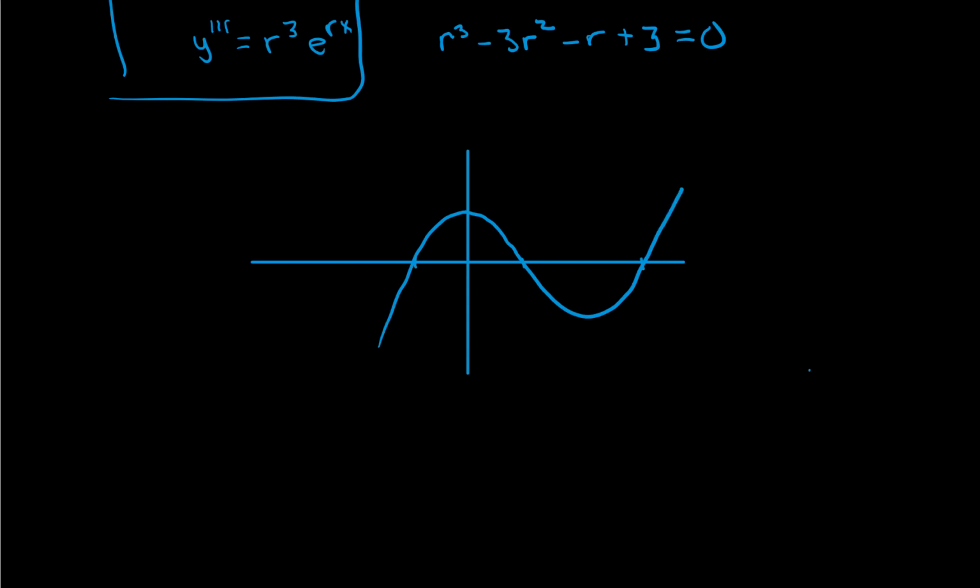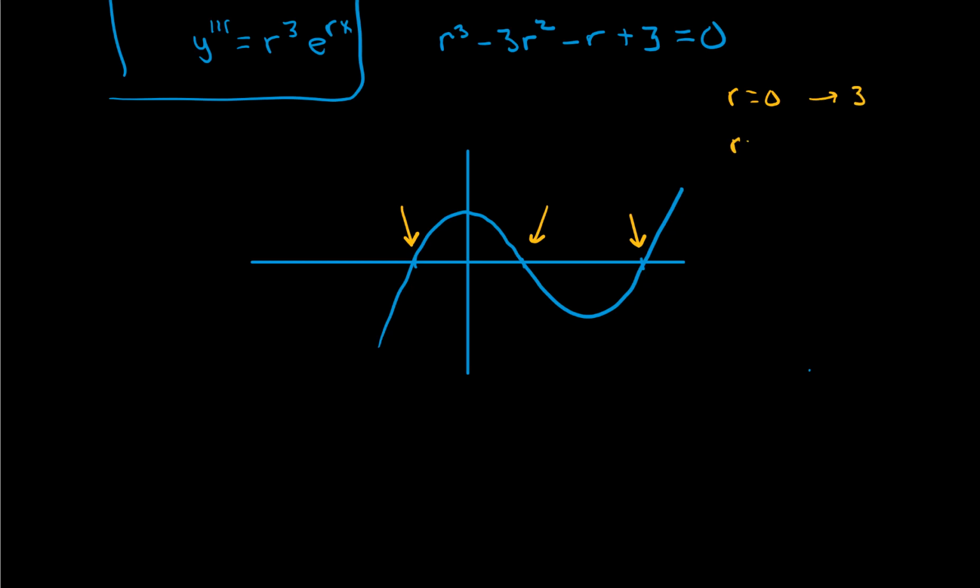So this is a rough sketch of this particular polynomial, r cubed minus 3r squared minus r plus 3 equals 0. What we're really after are the roots. We're after this location, and this location. We can start our search by just guessing. For example, if I choose r equals 0, I'm going to wind up with a value of 3, which is positive coming out.